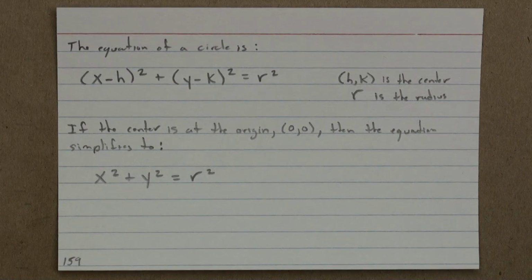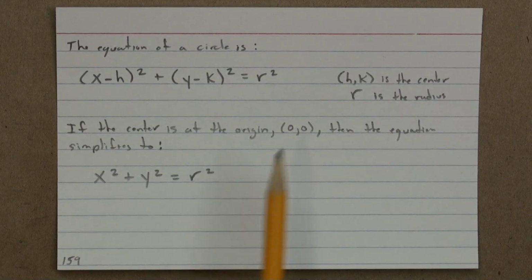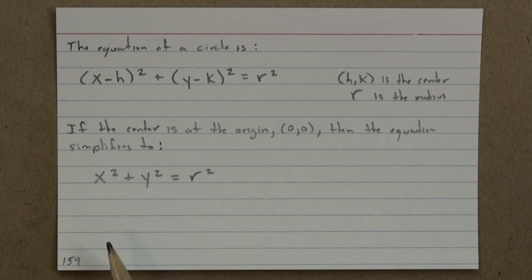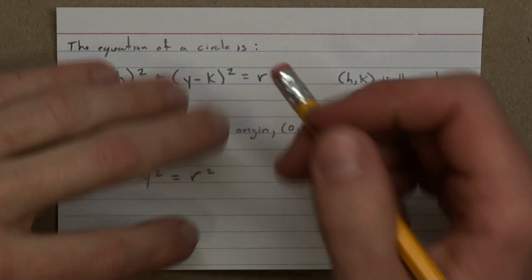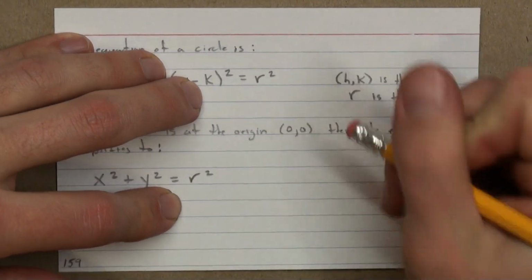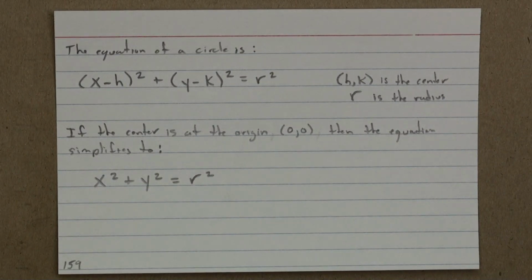Okay? So the h and the k, which is the center, they drop out because they would both be zeros. Right? We actually don't need those extra commas. They just look confusing. Okay, so you definitely need to know both of those formulas.